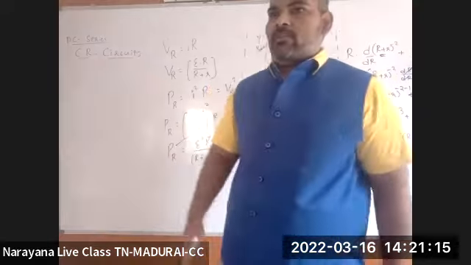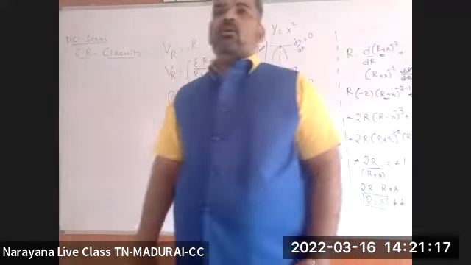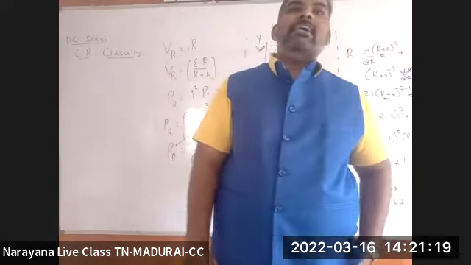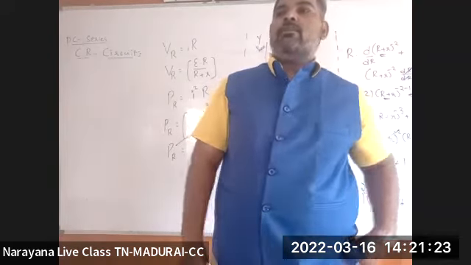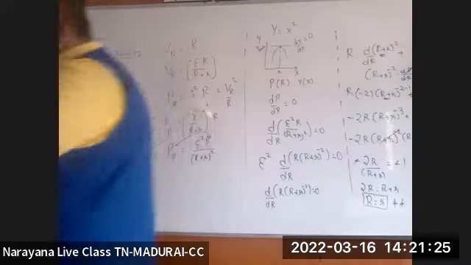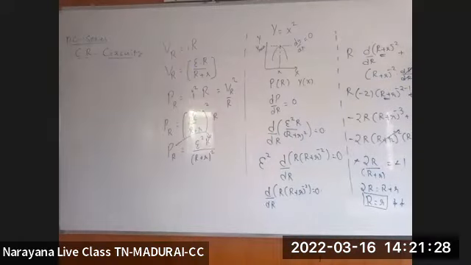Let us see how it functions in the DC circuit, how it slows down the increment in current and how it slows down the accumulation of charge on the capacitor. First of all, I will explain a simple circuit.